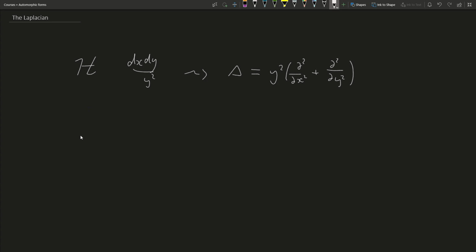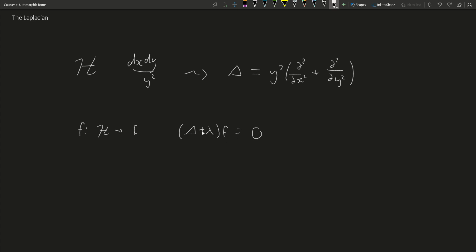So let's say that f from the upper half plane to C is an eigenfunction of the Laplacian in the sense that for some scalar lambda, f satisfies this.